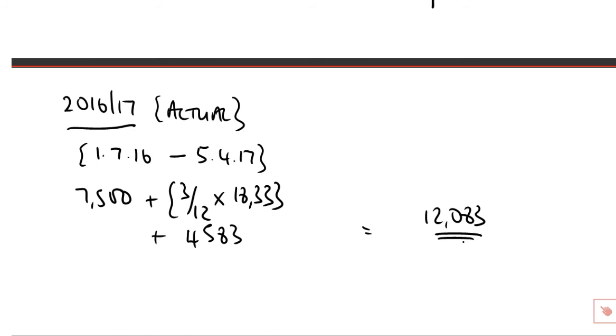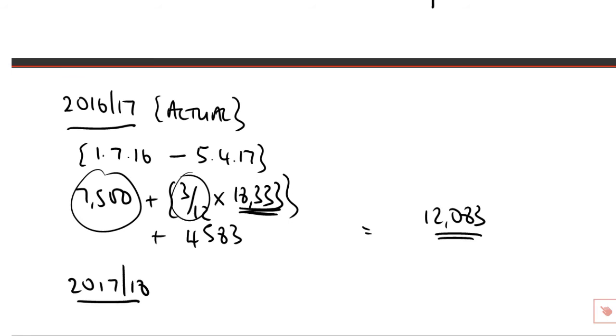That was a 6-month period in which he made a profit of 7,500, all of which is in this tax year. We then want 3 months worth of his £18,333 there worth of profit for what was his accounting year ended December 17. 12,083 in total, methinks.